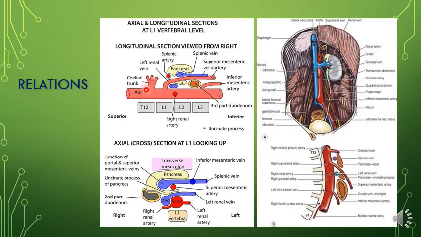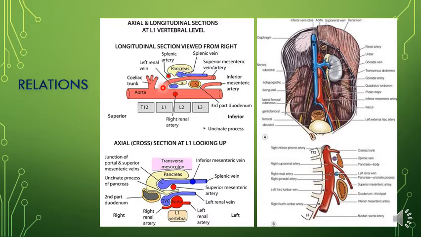Then another will be the origin of the superior mesenteric artery. This is the superior mesenteric artery that forms one relation, and it is overlapped by the body of the pancreas here. The aorta is crossed by the splenic vein and the left renal vein, above and below the superior mesenteric artery.